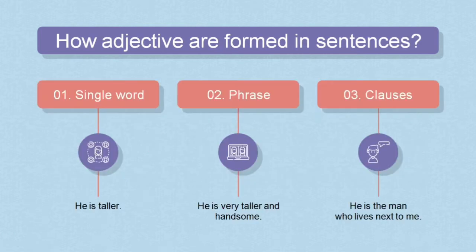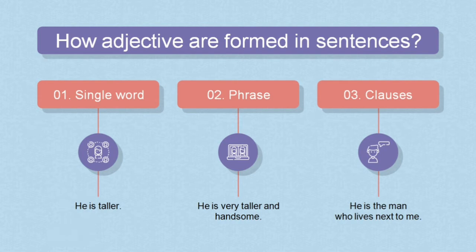And how are adjectives formed in sentences? In sentences, an adjective can be a single word, a phrase, and also a clause. Every adjective is to describe a noun. In the first sentence, the adjective taller describes he.